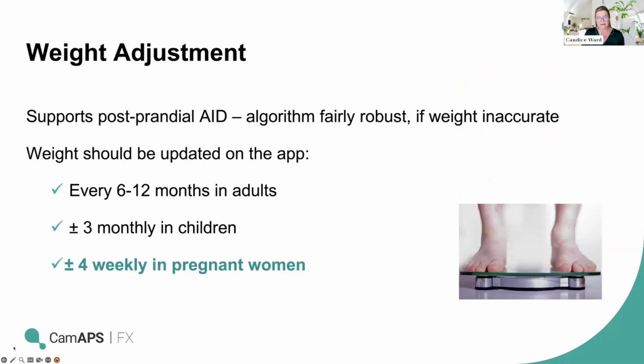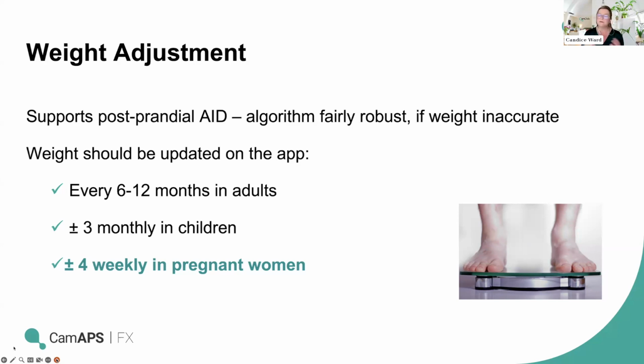Weight adjustments. So total daily dose and weight are put in at the beginning, but we would recommend that weight is optimized from time to time, and especially in pregnancy, because the weight really helps in the postprandial period and allows the algorithm to really know the insulin relationship to carbohydrate and its role in the postprandial period.